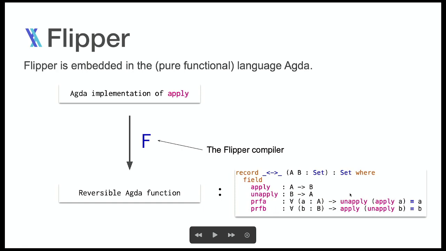And then, how do you make one of these? Well, you can build one manually yourself if you want to, but that's boring. What's more interesting is that I've written a little compiler as an Agda macro, which takes an implementation of apply and generates the three other record elements automatically.